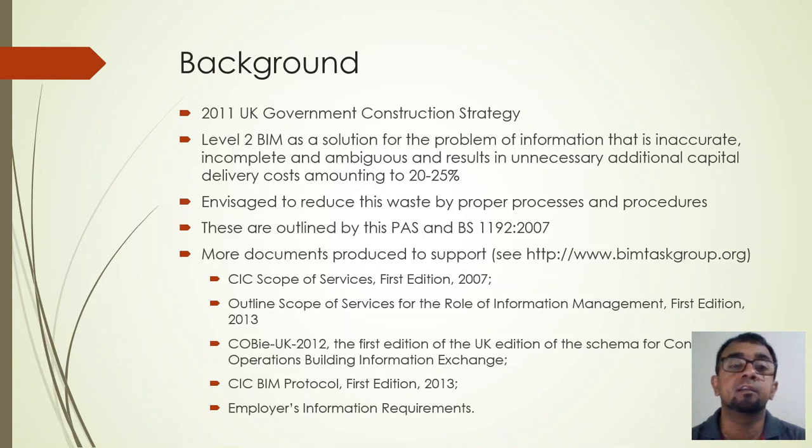And they identified level 2 BIM as a solution for the problem of information that is inaccurate, incomplete and ambiguous, and results in unnecessary additional capital delivery cost amounting to 20 to 25%. So this is a significant amount, you can realize. In the UK this was the case, right? So they wanted to minimize that and found BIM to be important and supported that.